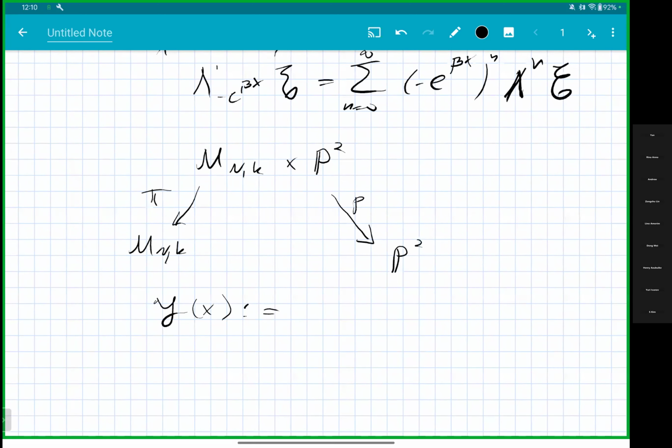We will take first the pullback of the skyscraper sheaf of 0 on this P2, then we tensor it with the universal sheaf, and then we push forward into M_{n,k}, and then we need to take this sum again.